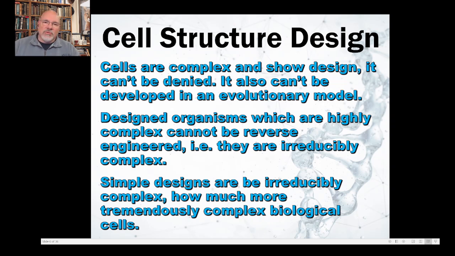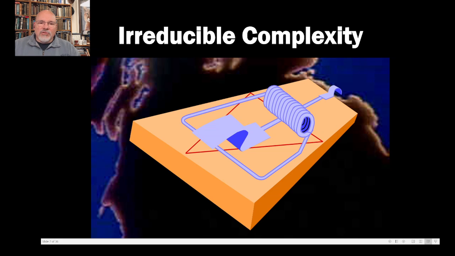If irreducible complexity is associated with simple designs, now when you get more complex, I'll show you what I mean by simple. So here's an irreducibly complex design. This mousetrap only has 4 pieces to it, and if you take one piece away, it's not going to work.